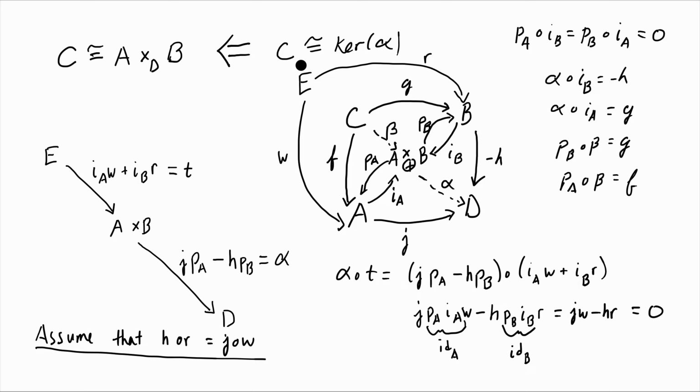first of all, if we simply take an object E, and we have maps that go to B and A, and I have a map that goes this way from B to A, such that we actually get commutativity.